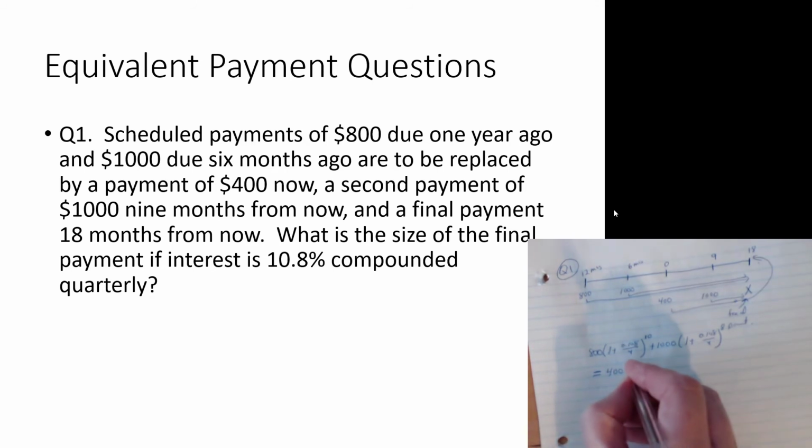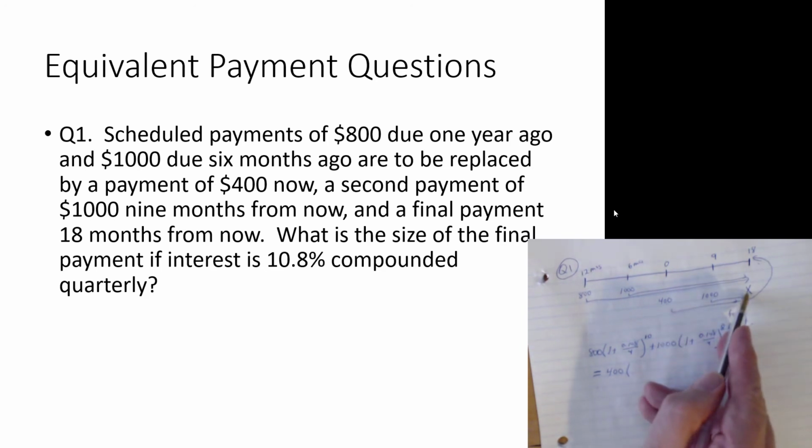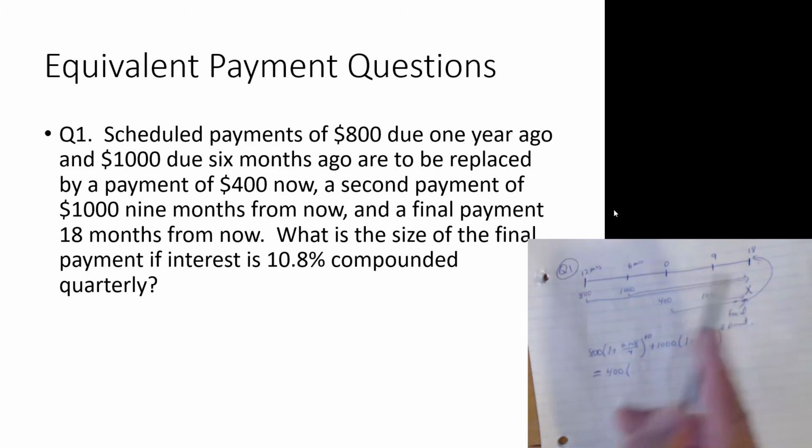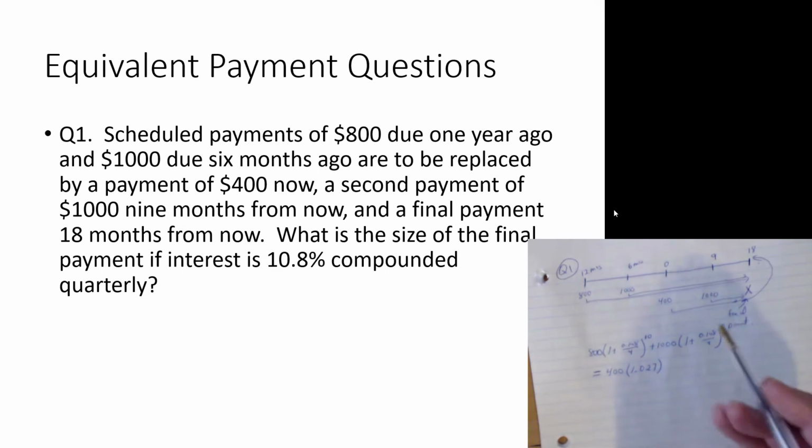$400 payment, right? The proposed payment structure. Now that is to happen today, but we're going to look at everything in terms of month 18, just so that we can figure out what that extra payment needs to be. And so I am just going to shortcut this a little bit here and divide the 0.108 divided by 4, just so I'm not taking up too much space and it's not so difficult to read.